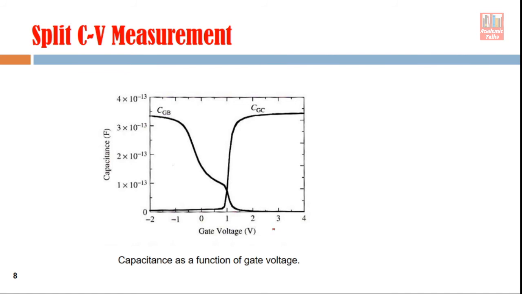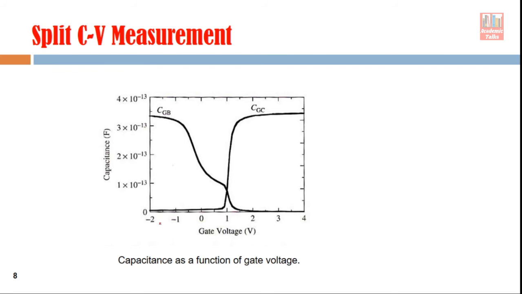So whatever capacitance is there between the gate and the bottom electrode will be controlled mainly by the free carriers. Free carriers will dominate.